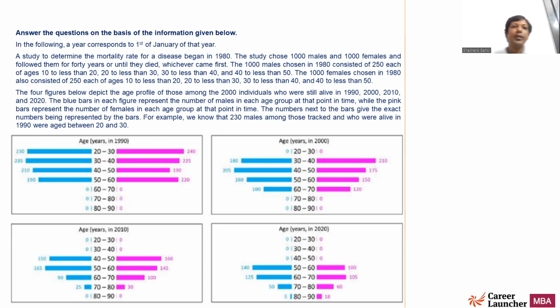A study to determine the mortality rate for a disease began in 1980. The study chose 1,000 males and 1,000 females, followed them for the 40 years or until they died. Okay. So 1,000 males chosen in 1980 consisted of 250 each.